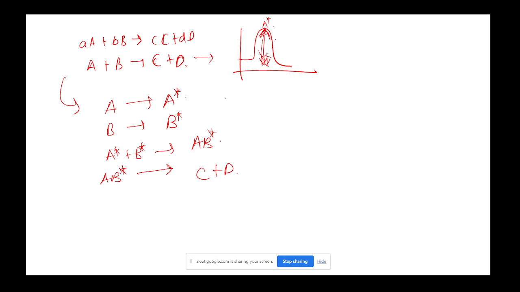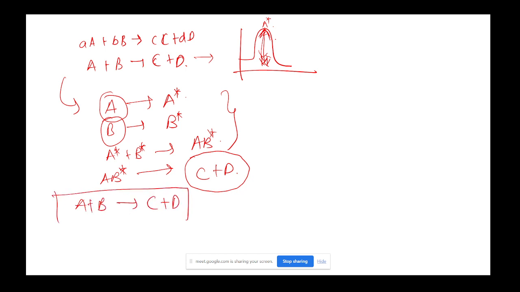So any reaction can occur in multiple steps, and we just need to consider the overall reaction in this case. All these reactions can be summed up.